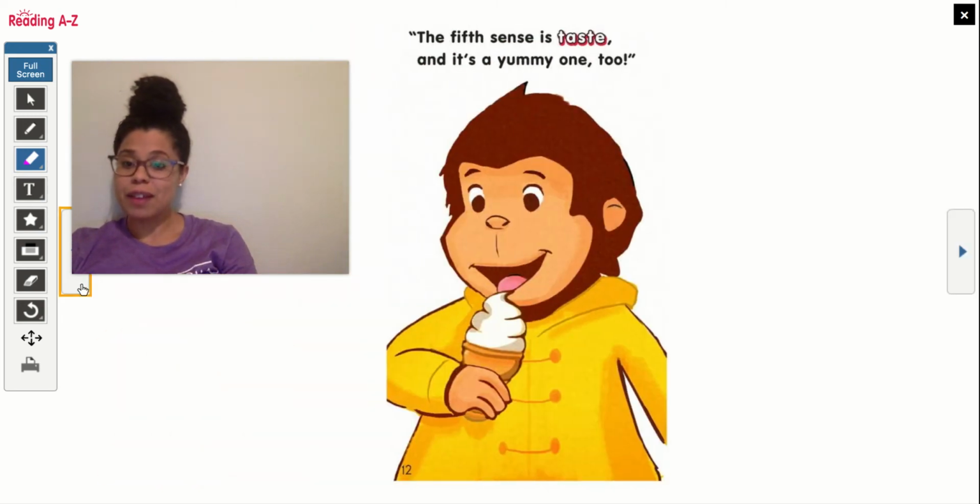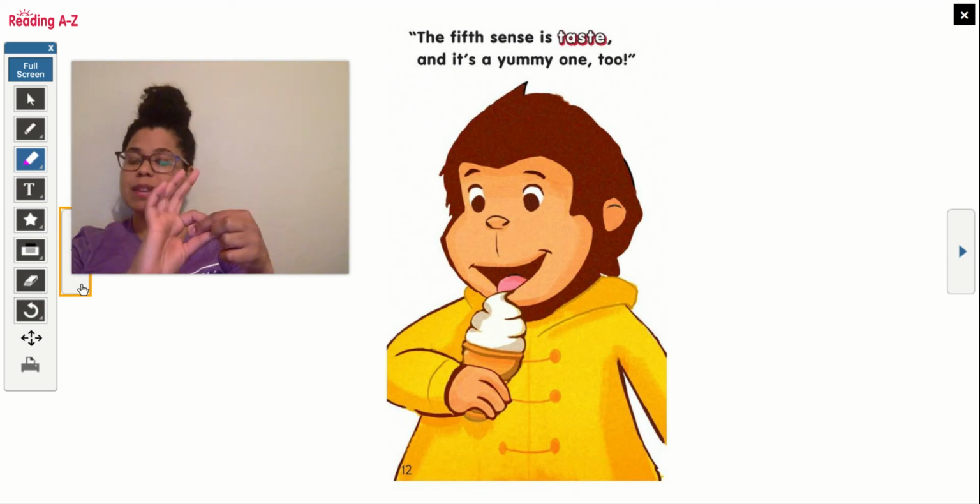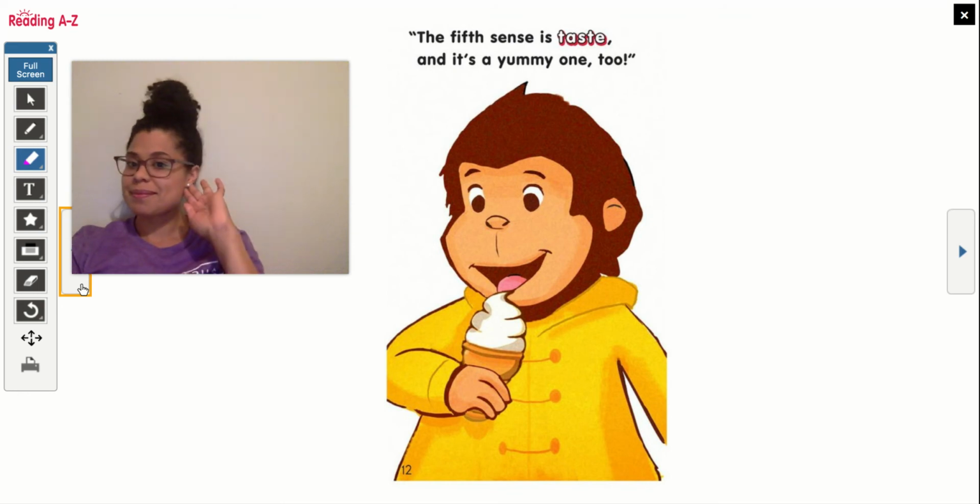Okay, before we go, I wanted to talk to you guys about something that I know some of you are very familiar with. It is connections. Can you say that word, connections, with me? A connection is where you find something in your story or something that somebody else said that reminds you of something that you've been through.